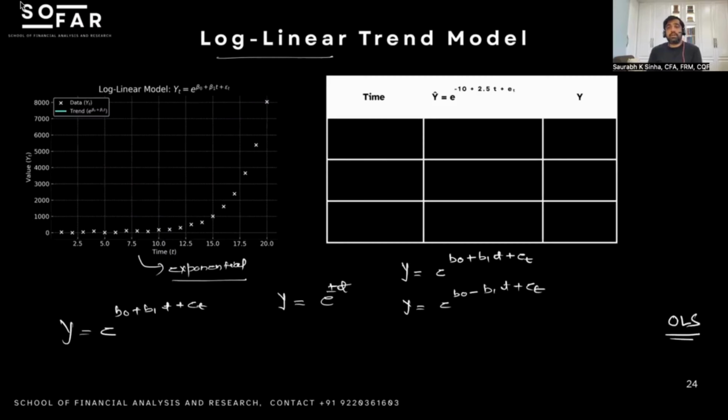If that assumption is not true, you cannot find the equation of a line through ordinary least squares. What was that assumption? That assumption was linearity in parameters.